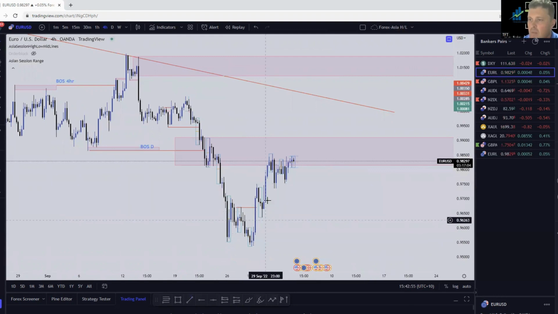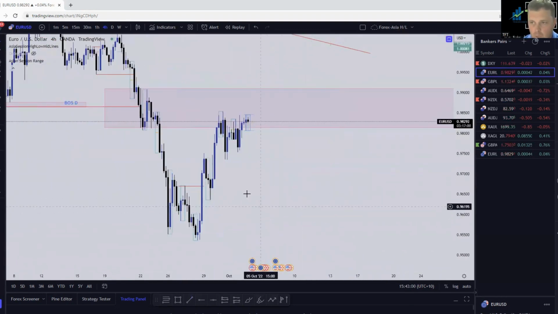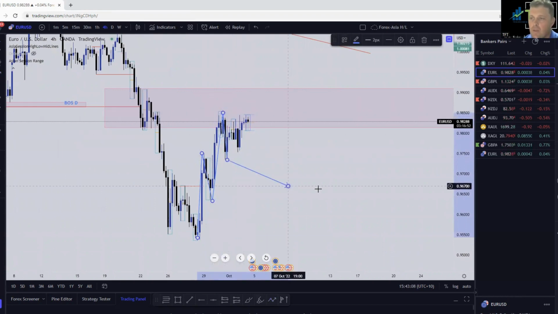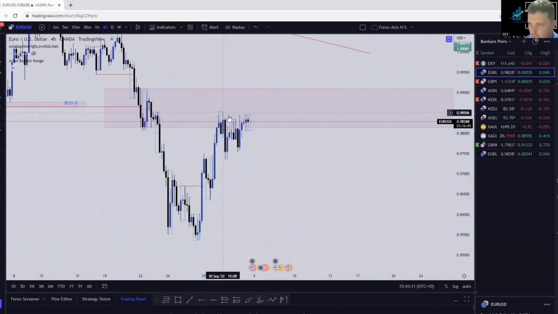Had the strong impulse up, and then we've started to create bullish momentum now, coming lower, higher, lower, higher, lower, and we are yet to set a new high off that previous high there. So this is what I'd be looking for today as to whether we can break this high and continue further bullish.